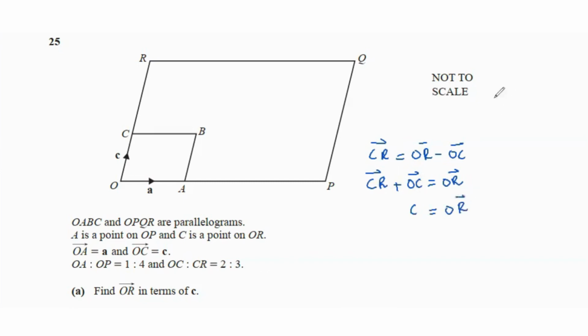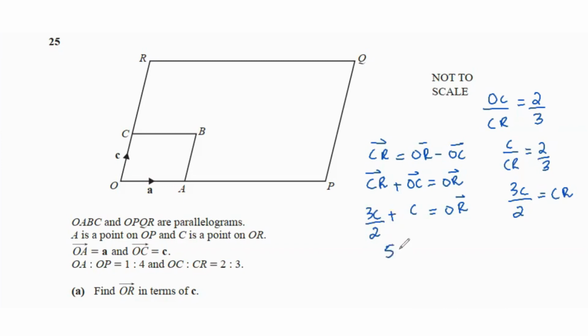And for CR, what we'll do is OC over CR is 2/3. So that means c over CR equals 2/3, and CR is going to be 3c/2. So if we add them up, that's going to be 5c/2. That is OR.